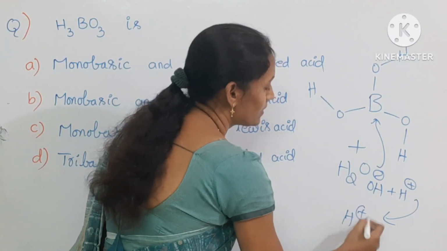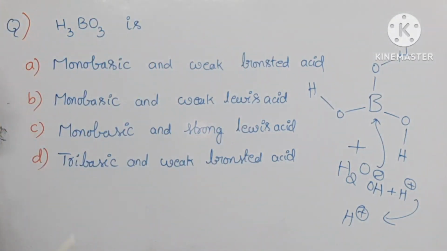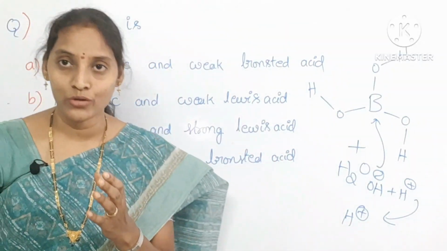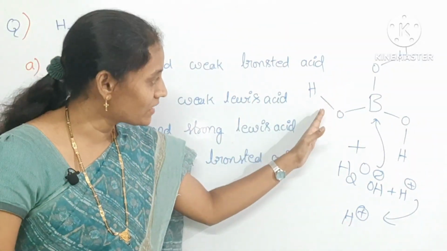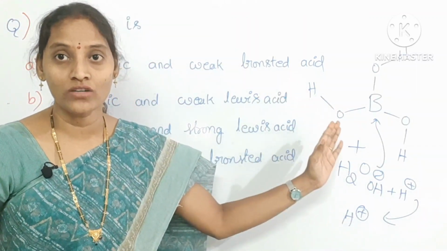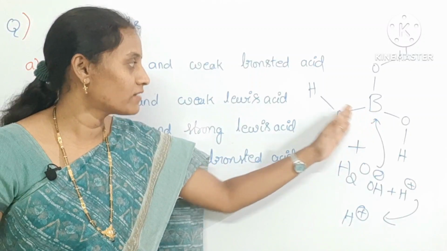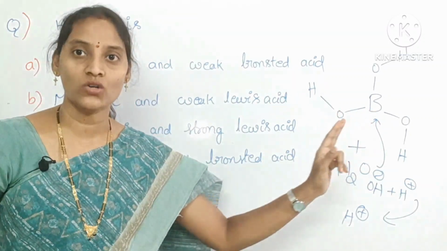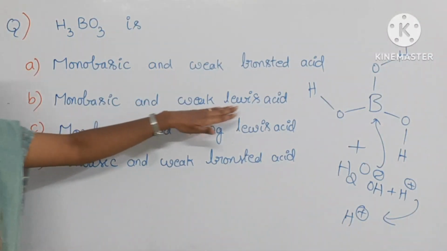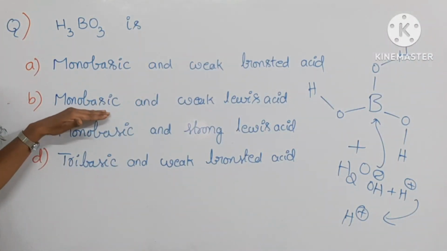H plus ion. Also, here hydrogens are there, but it can't release H plus ions easily from this OH group. These are not directly attached to the boron, these are attached to the oxygen, which is attached to the boron. So it is a weak Lewis acid and also monobasic.